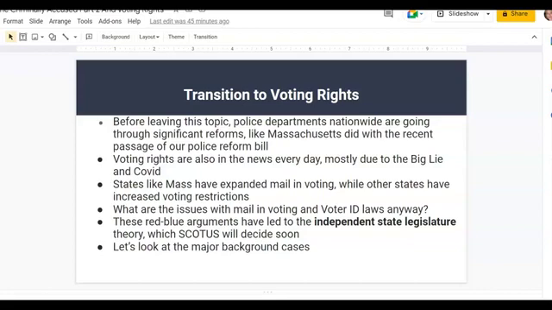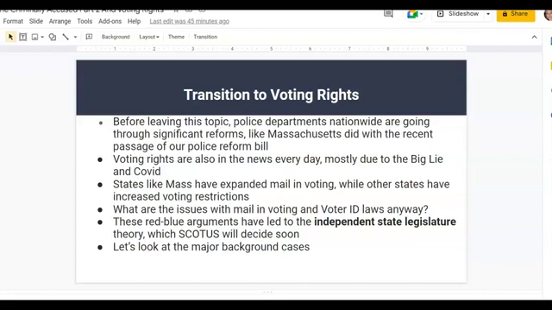But that Congress, the United States Congress, essentially has the last word and can revise those rules and regulations. What this independent state legislature theory promotes, and it's supported by those of the conservative persuasion, is that the state legislatures should have the last word, which seemingly contradicts the language of Article 1, Section 4. So I'll let you look at the language in the cases and decide for yourself.